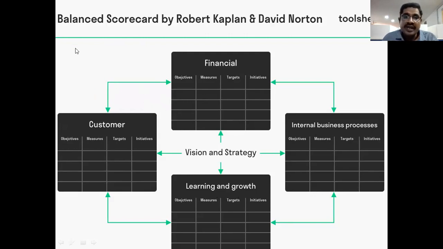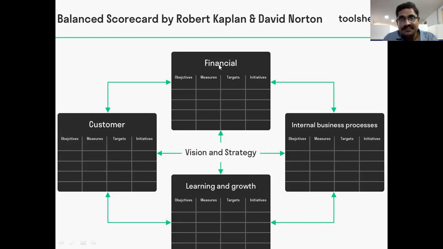So here we need to balance these 4 things. Then only will our company achieve the targets and have more efficiency levels. So we need to balance between these 4 things, right?